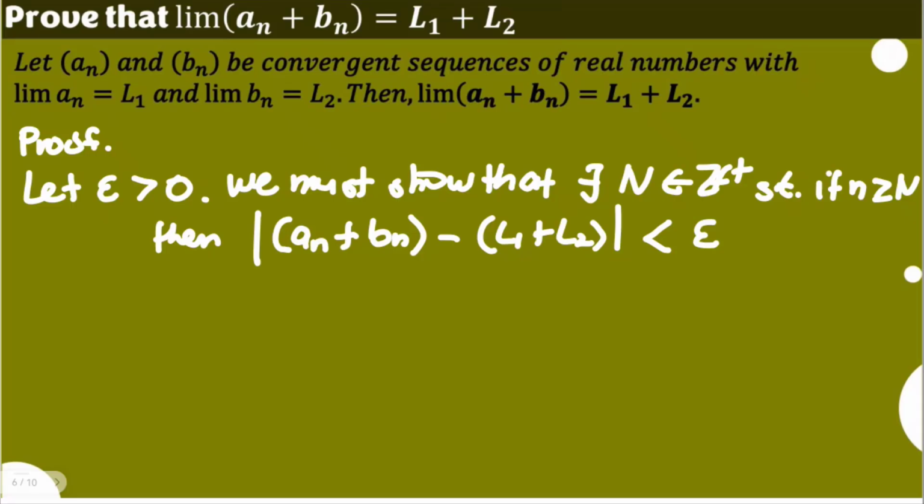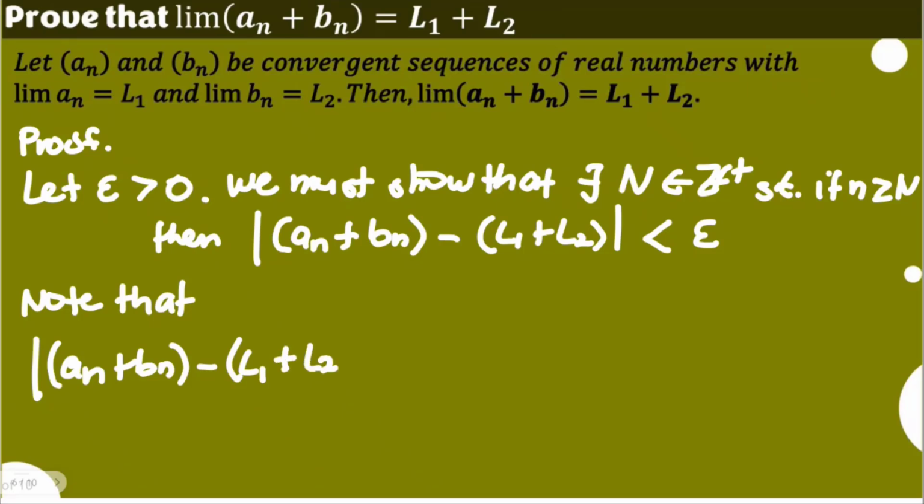So part of that is, again, we're going to express the given into known limits. We can structure it in this form. Note that we can simplify the absolute value of a sub n plus b sub n minus the quantity L sub 1 plus L sub 2. Of course, this is removing the grouping symbols.